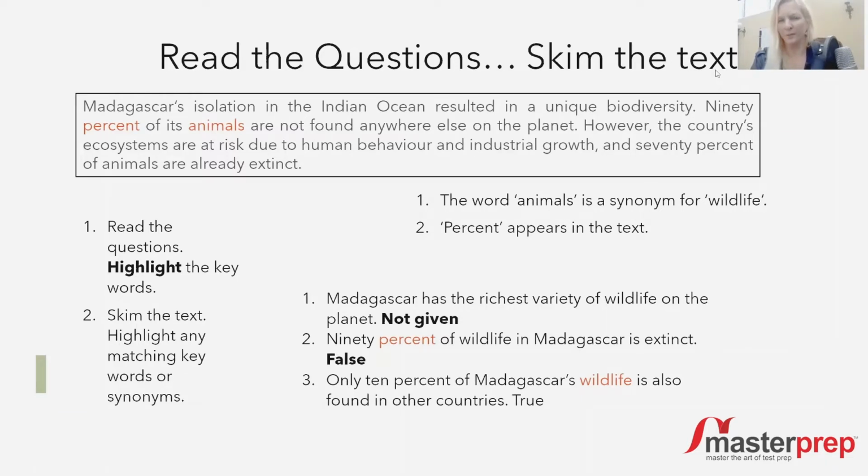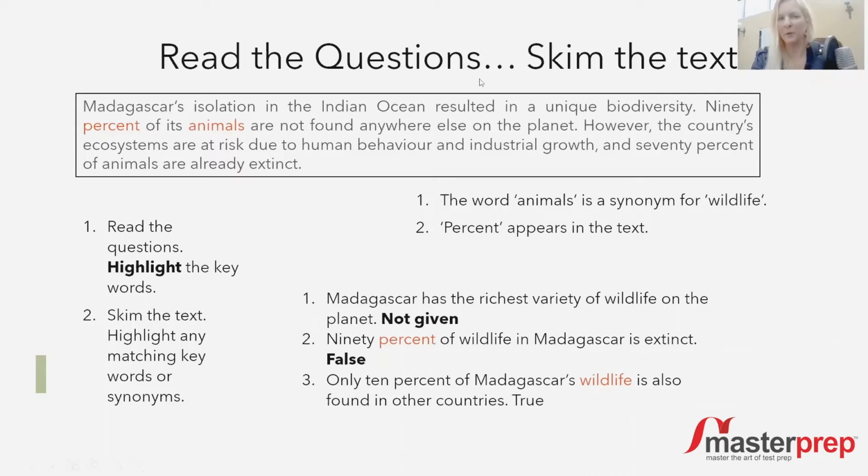So number 1, Madagascar has the richest variety of wildlife on the planet. Number 2, 90% of wildlife in Madagascar is extinct. Number 3, only 10% of Madagascar's wildlife is also found in other countries. Okay, so now we're going to highlight some keywords that we see in both the questions and the passage.